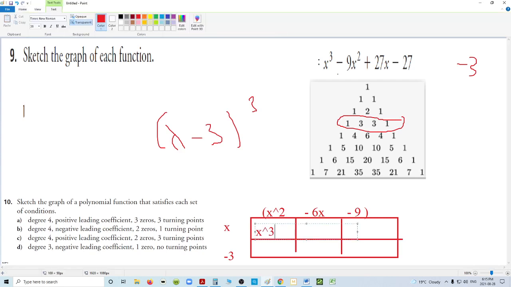I get x cubed, I get minus 3x squared, I get minus 6x squared, so those are going to add up. And then I get minus 18x, so that doesn't add up to anything yet until I come over here and realize I also have a minus 9x.